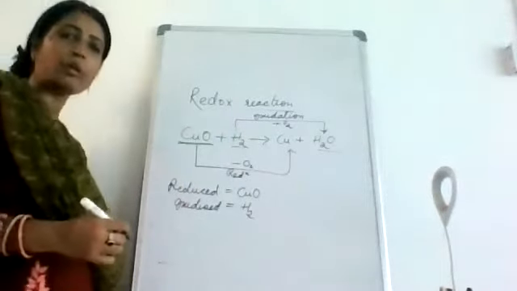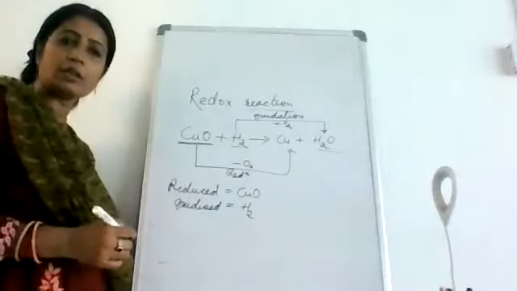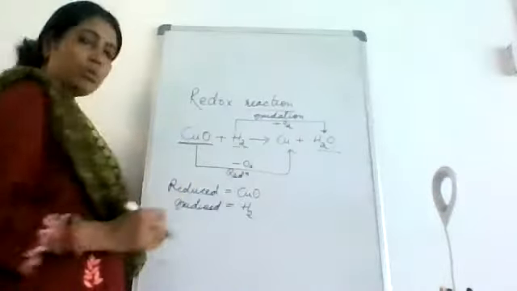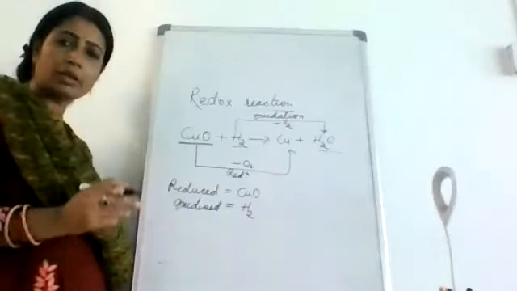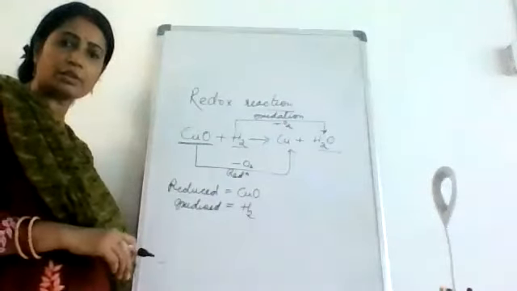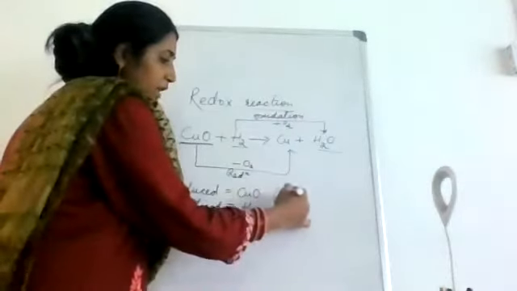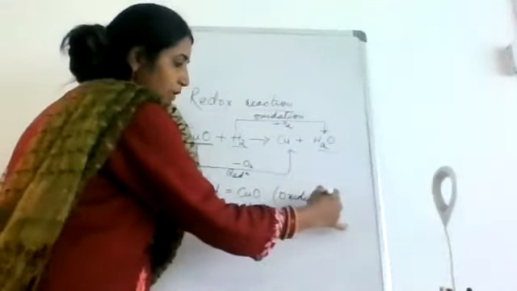Here we come to know one more term, that is reducing agent and oxidizing agent. So CuO, what are you going to call it? Whether it is oxidizing agent or reducing agent? Oxidizing agent. Why is it an oxidizing agent? Can anyone explain to me?